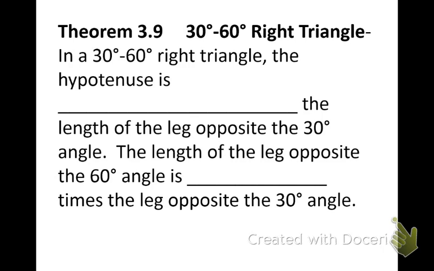In a 30-60 right triangle, the hypotenuse is, no, sorry, the hypotenuse is twice the length of the leg opposite the 30-degree angle, so the short side. And the length of the leg opposite the 60-degree angle is radical 3 times the leg opposite the 30-degree angle.